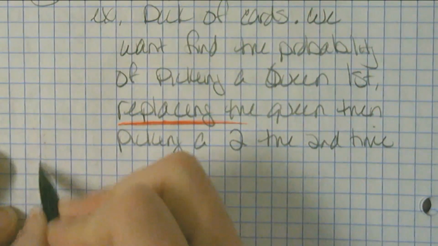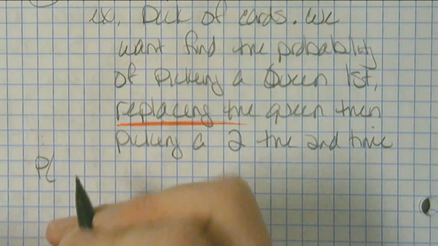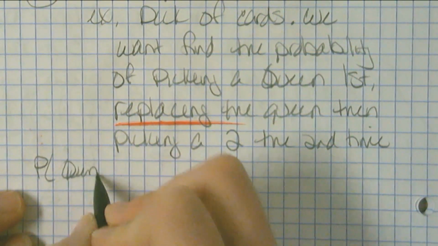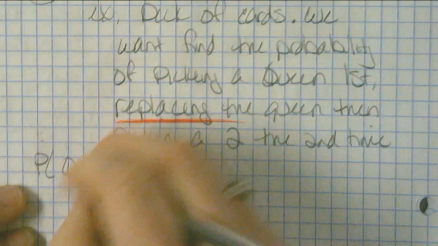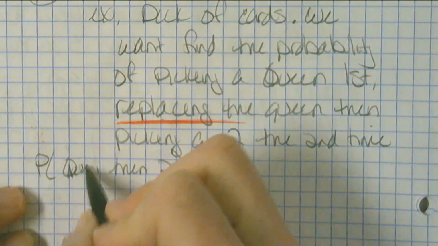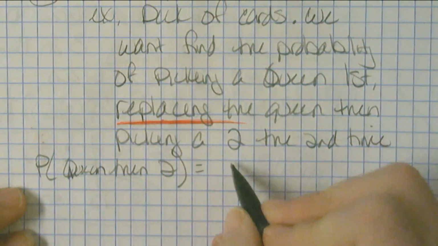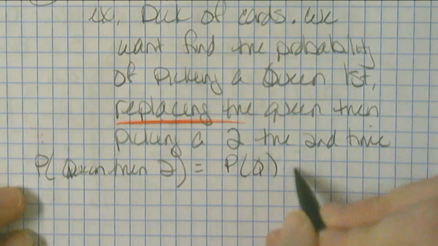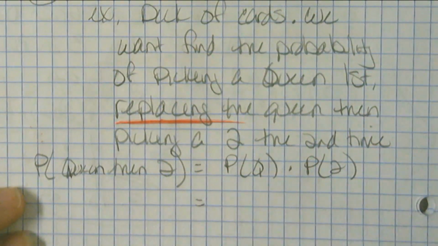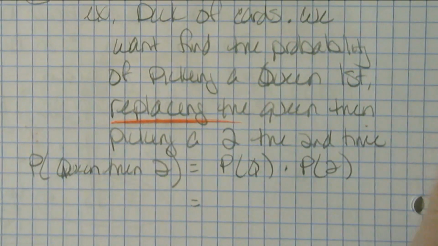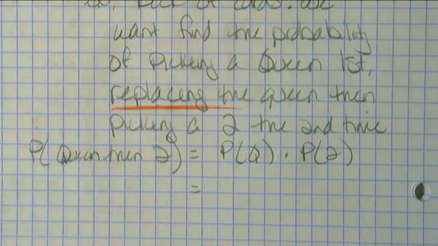All right, so probability of queen, then 2, equals probability of queen times the probability of a 2. How many cards are in a deck of cards? I hope you all know this.